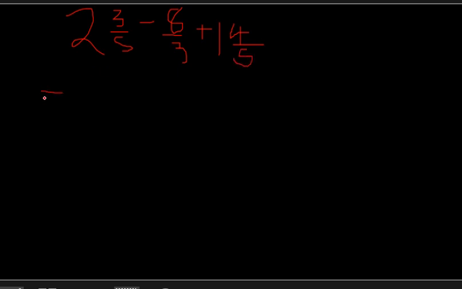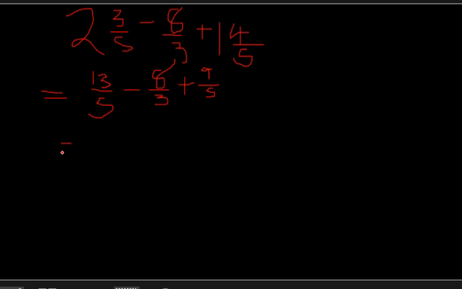Okay, as usual, we write this into improper fractions. 2 by 5 plus 3, 13 over 5, minus 8 over 3, plus 1 by 5 plus 4, 9 over 5.